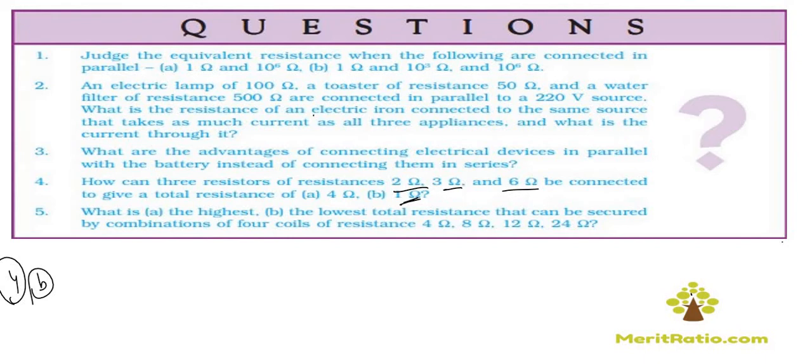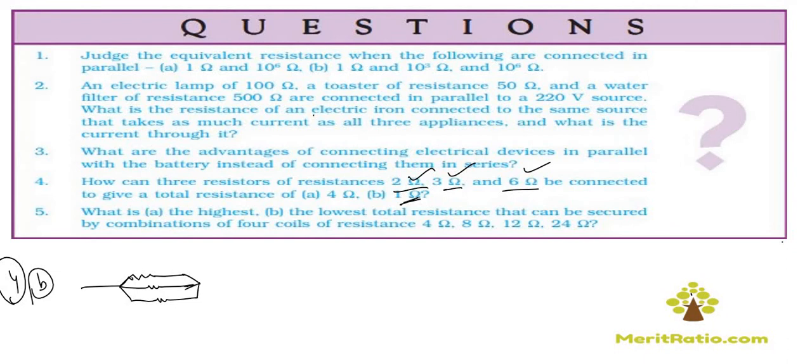It should be very clear that if the required equivalent resistance is lesser than any one of the given resistors, in this situation all these three must be connected in parallel combination. So we can simply draw the diagram. These three resistors are connected in parallel.